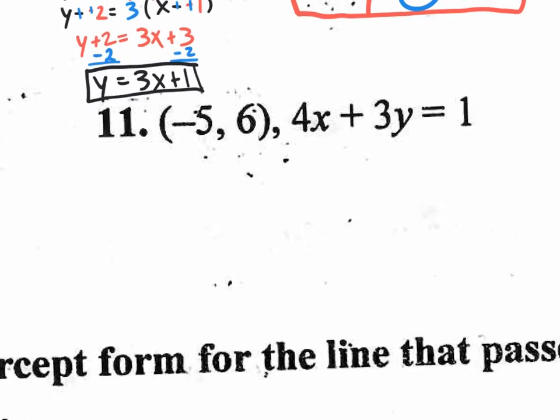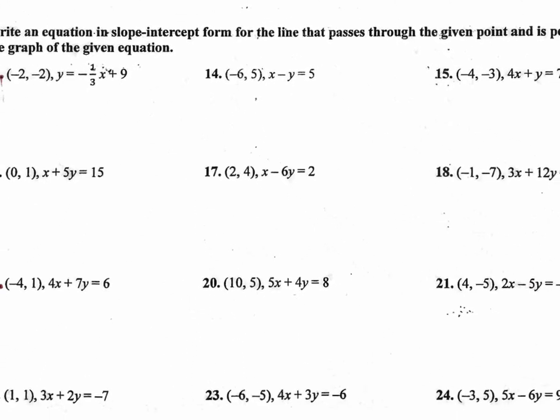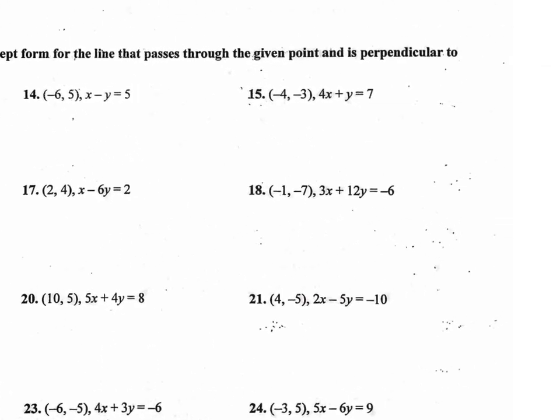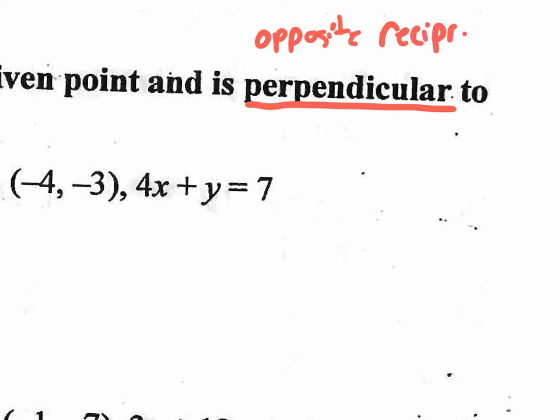If you look down here at the second half, same concept. They give you a point, but instead of giving you an equation that's parallel, they give you an equation that's perpendicular. And that means opposite reciprocal slopes.